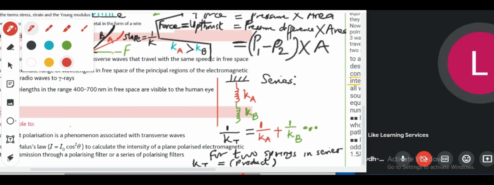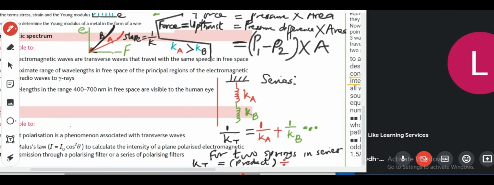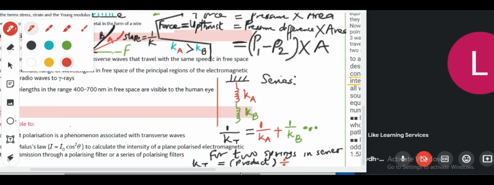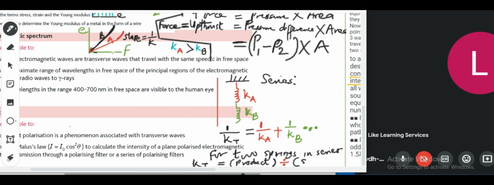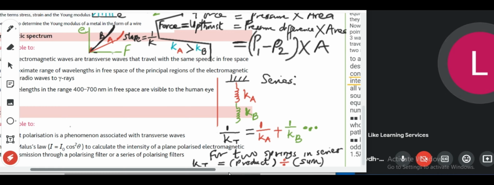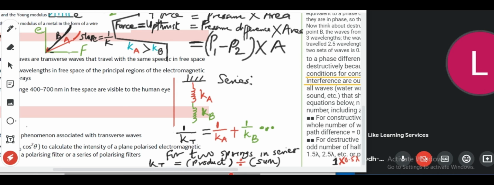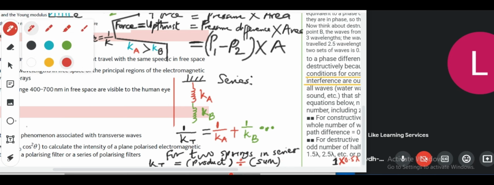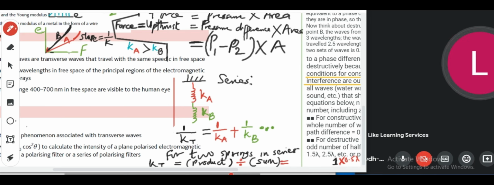Product divided by sum. In other words, the product of the spring constants divided by the sum of them, which in this case will be Ka times Kb over Ka plus Kb. Let me write it out in full.